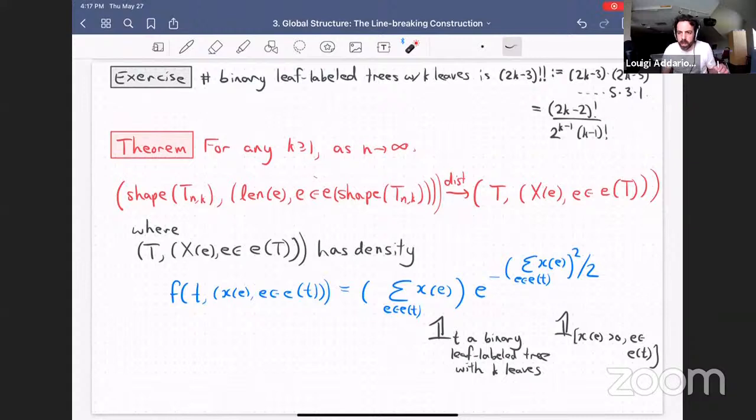I see a couple of points in the chat. There are only finitely many trees with k leaves. Yeah, the exercise is related to that. Should there be a scaling factor in front of length e in the prelimit? Yes, indeed, thank you. These should all be multiplied by n to the minus a half.